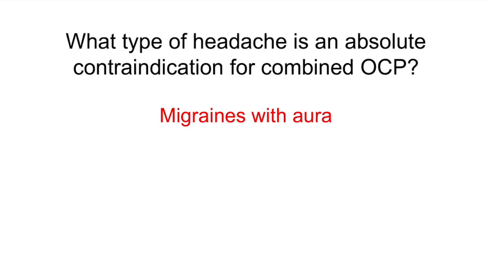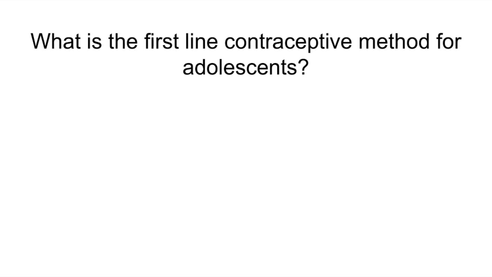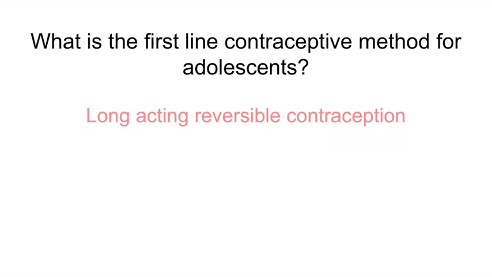What is the first-line contraceptive method for adolescents? Long-acting reversible contraception. Of course, you have to also recommend barrier methods as well.